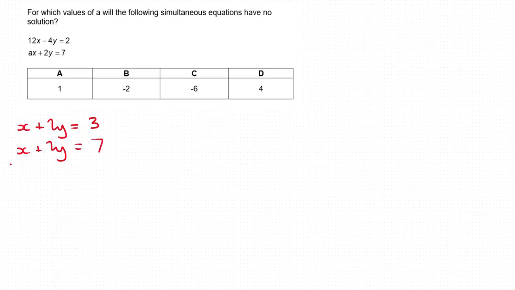Well, if we attempt to solve this by, let's say, the process of elimination, we could subtract the top one from the bottom one, we'd get naught, because x minus x is naught, 2y minus 2y is naught, and then 7 minus 3 is 4. And whenever you end up with a situation like this, where it's an impossible idea, then we can say that there's no solution.